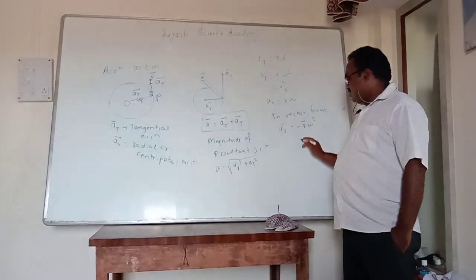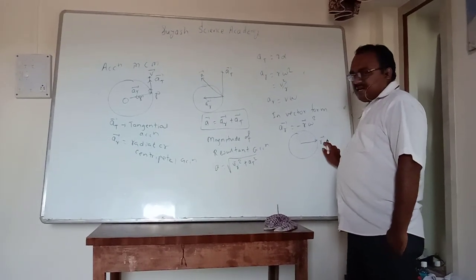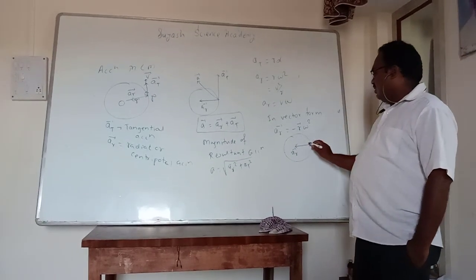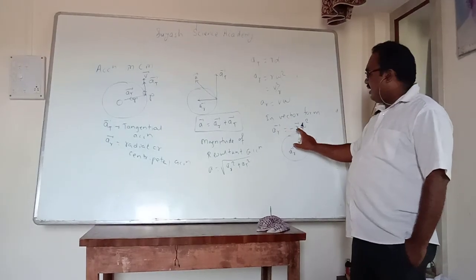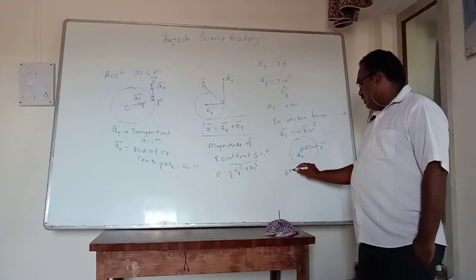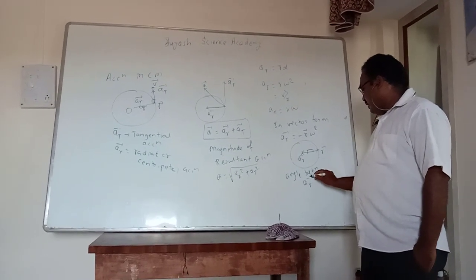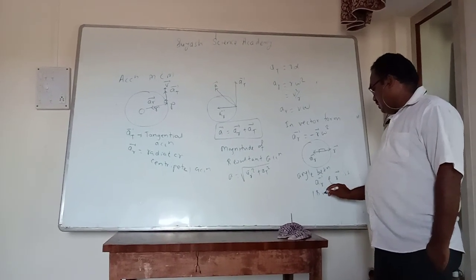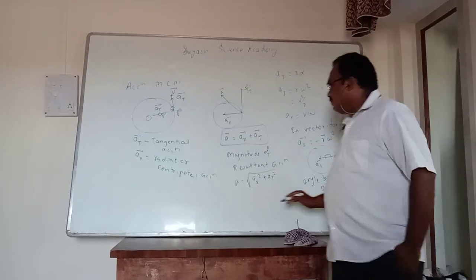This negative sign shows that the radius vector is towards the right side and the radial acceleration is towards the left side, so the directions are opposite. The angle between AR bar and R bar is 180 degree or pi radian.